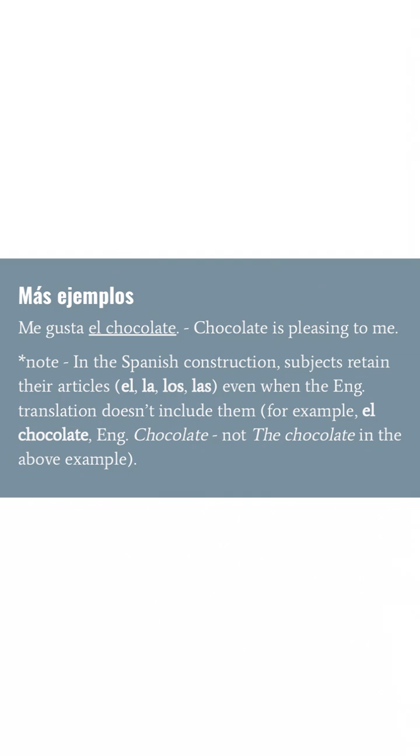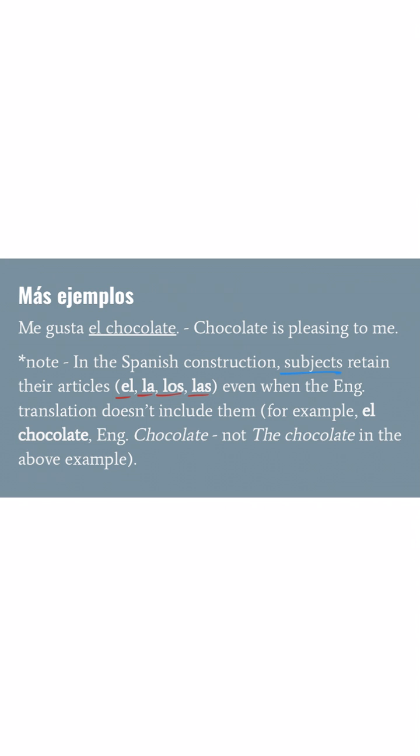All right, so we have a few more examples here. We have me gusta el chocolate. I hope that you know what chocolate is. It says, I like chocolate, or we arranged it as chocolate is pleasing to me, of course. Now, this is our most important note here. In the Spanish construction, subjects retain their articles, el, la, los, and las, even when the English translation doesn't include them.